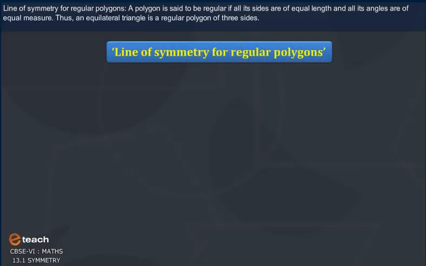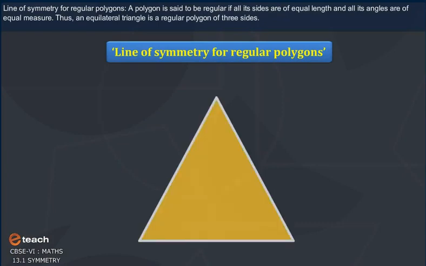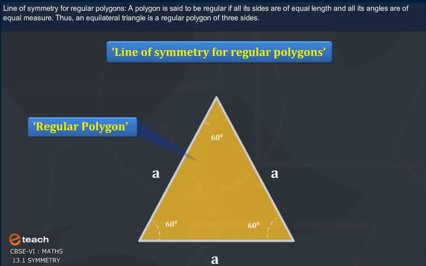Line of symmetry for regular polygons. A polygon is said to be regular if all its sides are of equal length and all its angles are of equal measure. Thus, an equilateral triangle is a regular polygon of three sides.